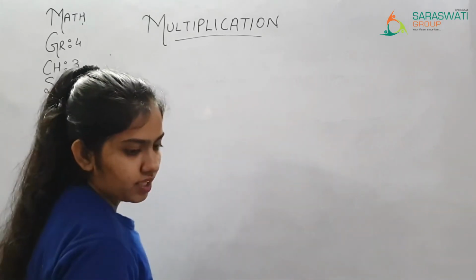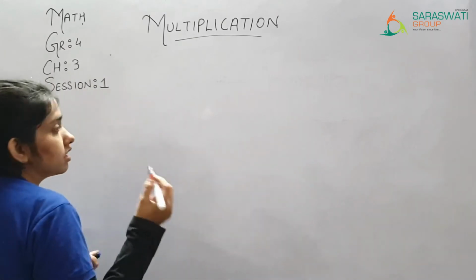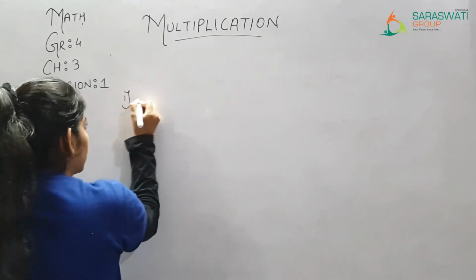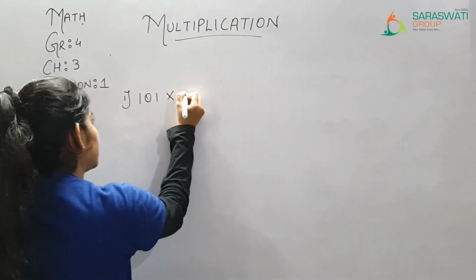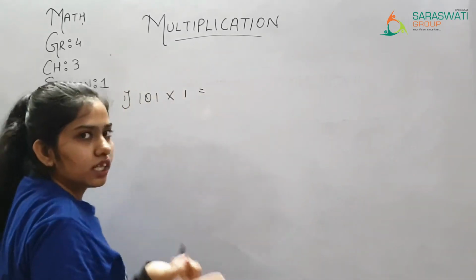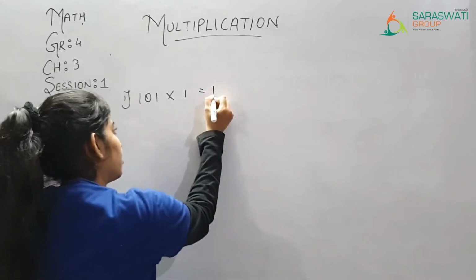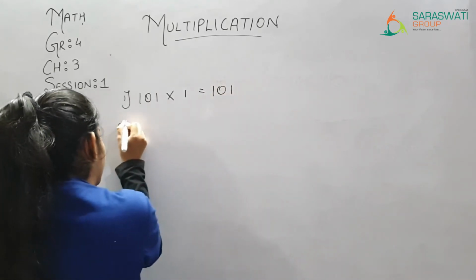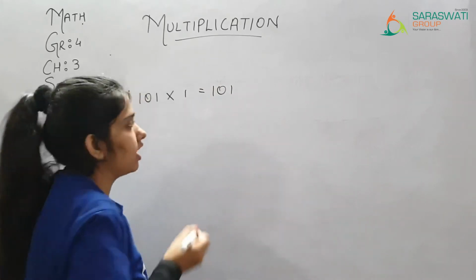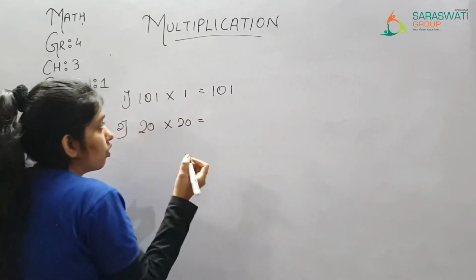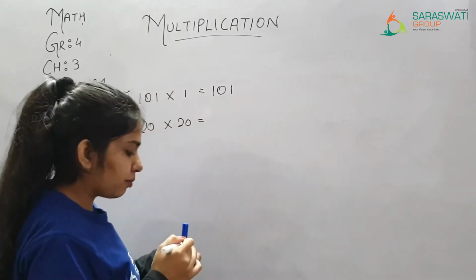So as I told you about some properties, in the same way if 101 is multiplied with 1, then what will be our answer? Yes, our answer will be 101 itself. Now if I say 20 into 20, what do you have to do?